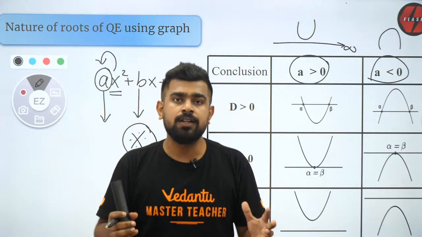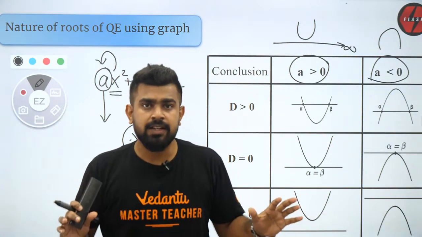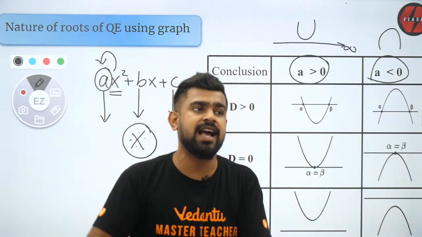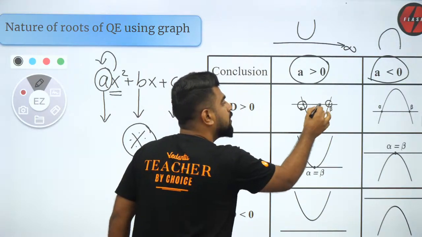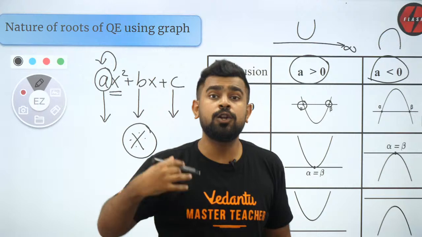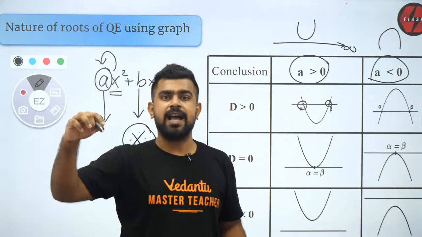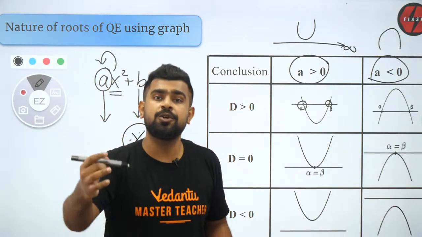Now moving on. Just knowing upward and downward is not enough for me. I want to know at how many places my graph cuts the x-axis. And wherever my graph cuts the x-axis, those are all called roots or zeros or solutions. Got it? Wherever my graph cuts the x-axis, that is called the roots, zeros or solutions.